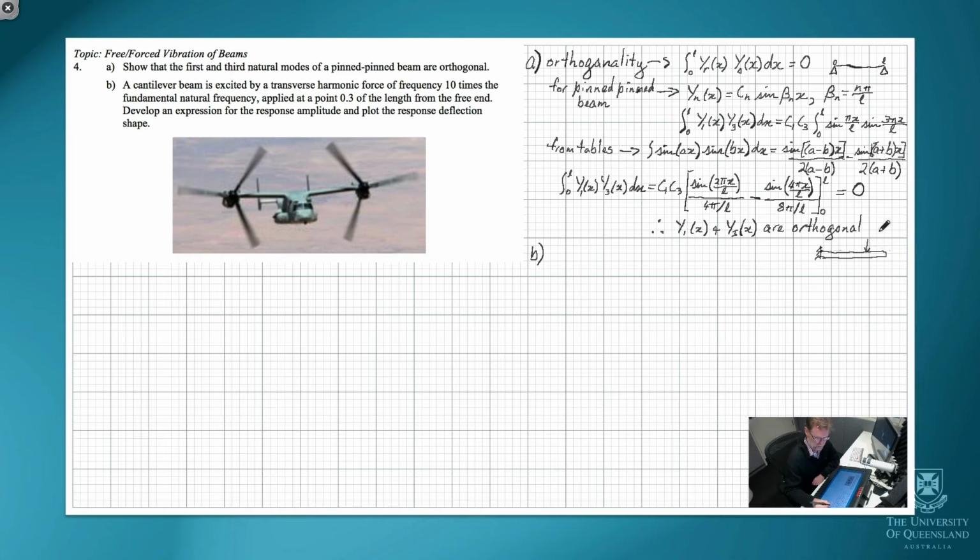We've got a force F naught sine of 10 times the fundamental frequency, so sine 10 omega 1 t.